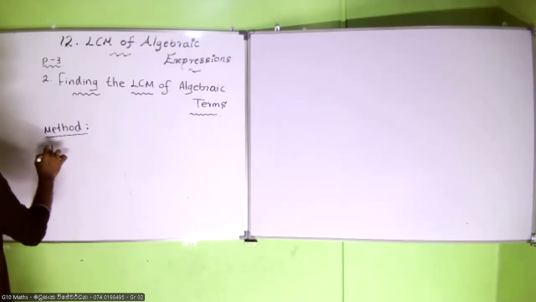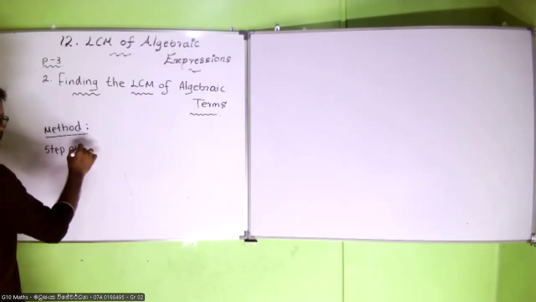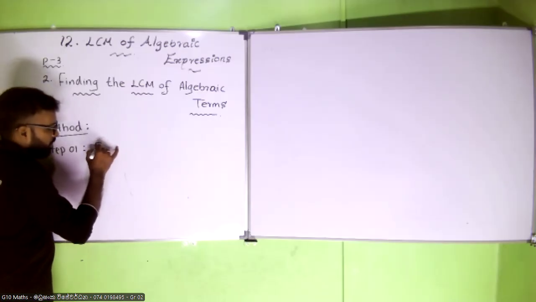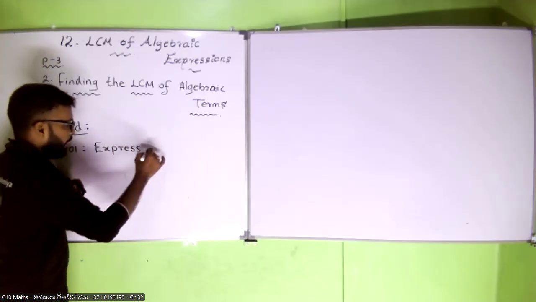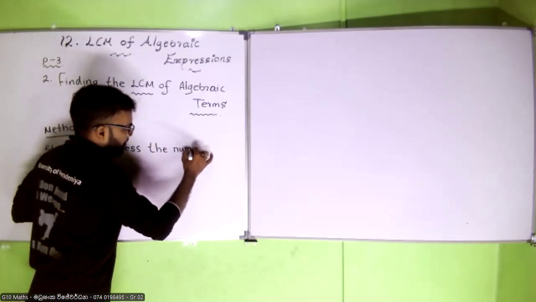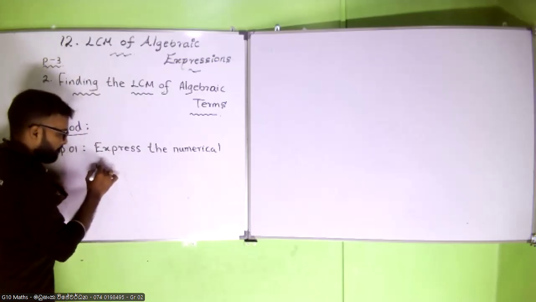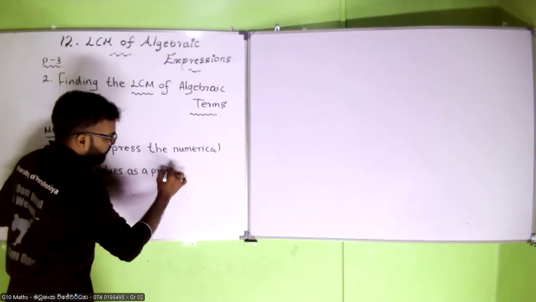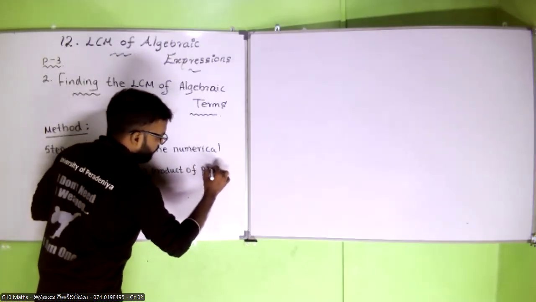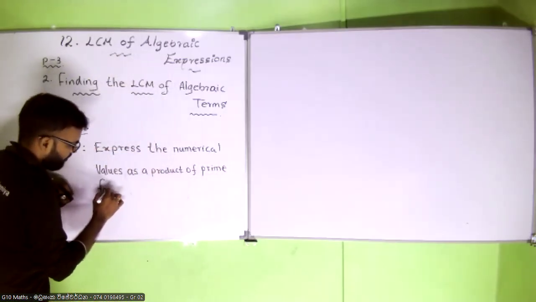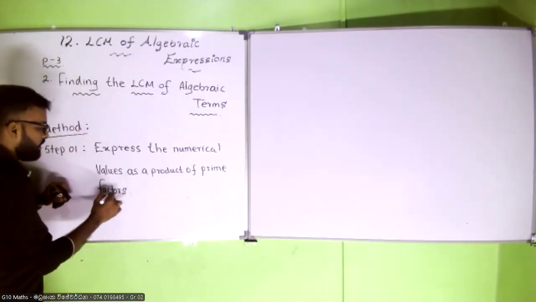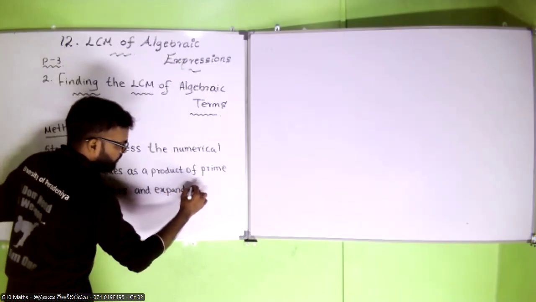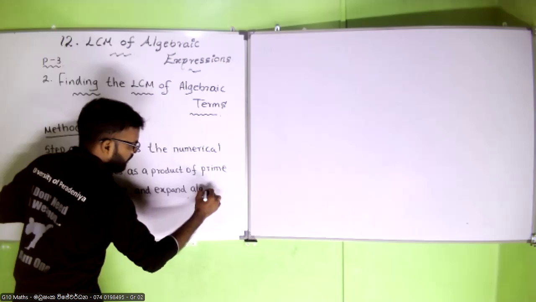So that's step number 1. Let's write: express the numerical value as a product of prime factors, and expand algebraic terms.